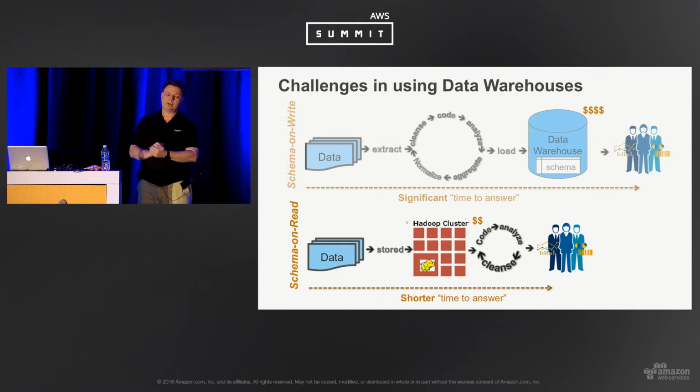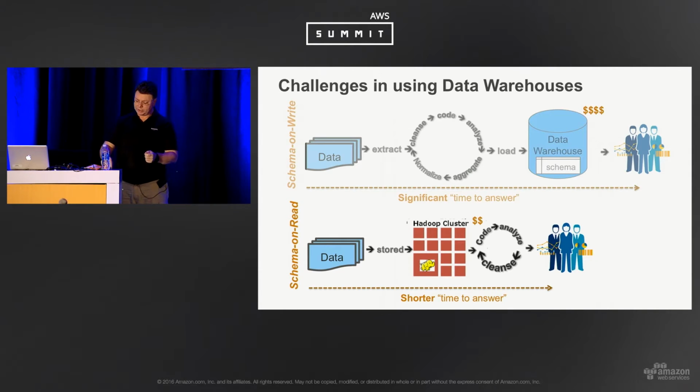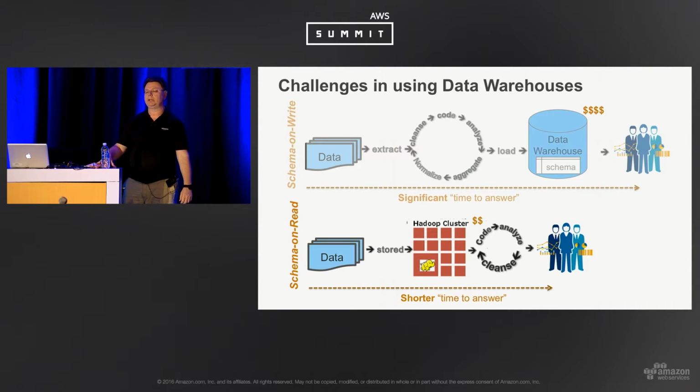Because it's open source, Hadoop, the cost is dramatically lower than a data warehouse solution, which is specialized and proprietary. And because the data, once it's stored in the distributed cluster, is immediately available to data scientists to be able to work with without any further delay.